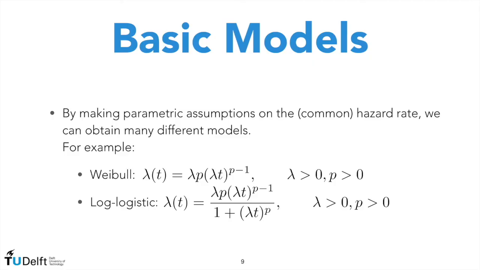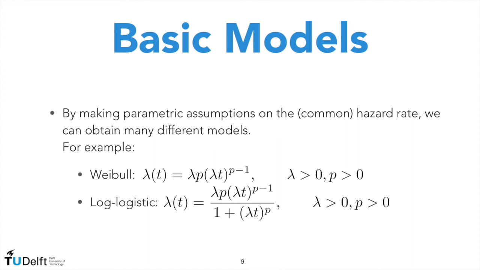The Weibull model is actually a very important model in survival analysis because it has very nice properties. It's a sort of basic benchmark model. As the name itself suggests, the Weibull model is a model in which we are assuming a Weibull distribution. For what concerns the hazard rate, you can see the functional form on your screen.